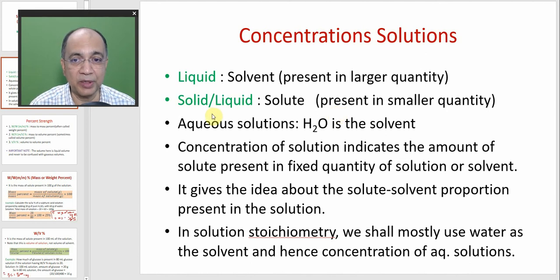The solute can be a solid which will dissolve in the liquid solvent to form a solution, or the solute can be liquid. For example, sulfuric acid solution in water. Sulfuric acid is a liquid, water is a liquid. So the sulfuric acid solution that we use in the laboratory is a liquid-liquid mixture.